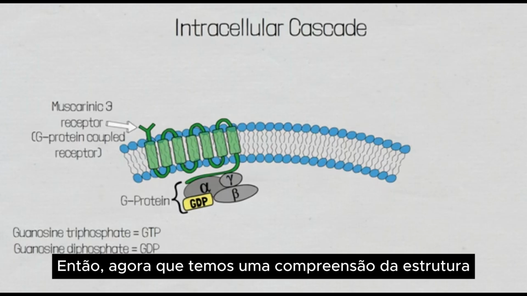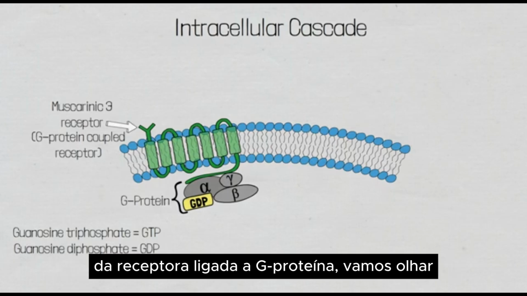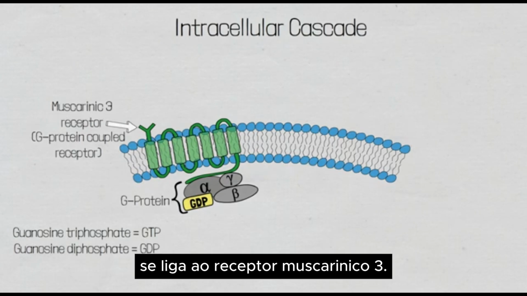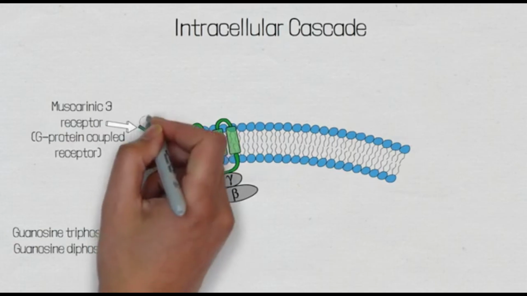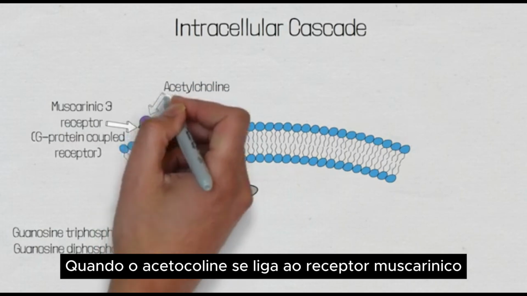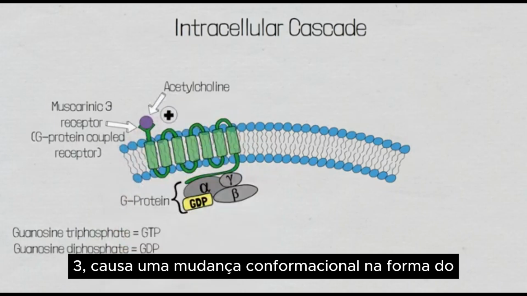Let's look at the intracellular cascade when the neurotransmitter acetylcholine binds to the muscarinic 3 receptor. When acetylcholine binds to the muscarinic 3 receptor, it causes a conformational change in the receptor's shape.